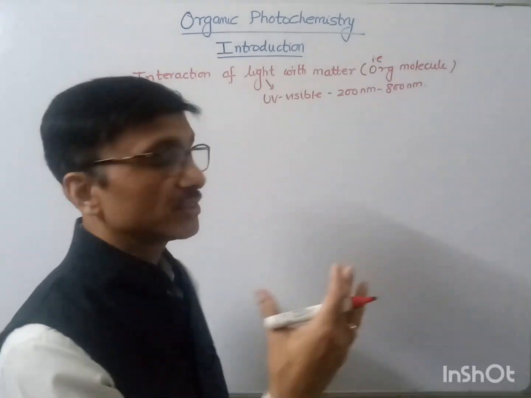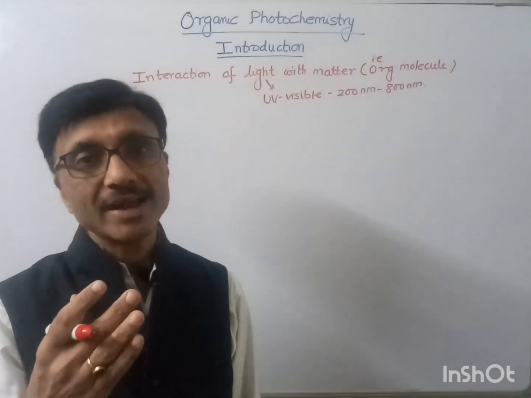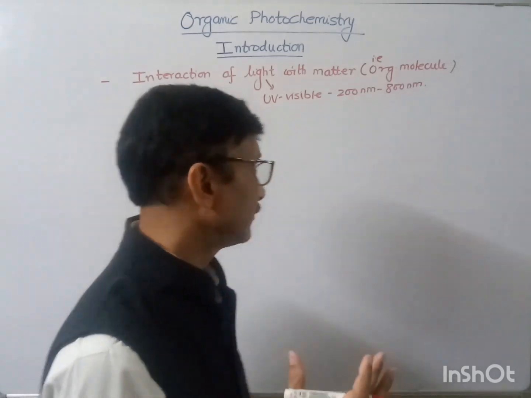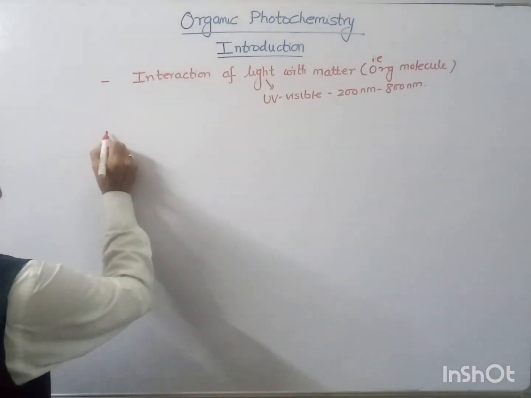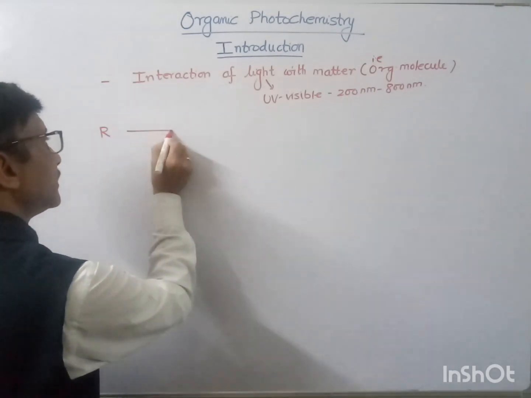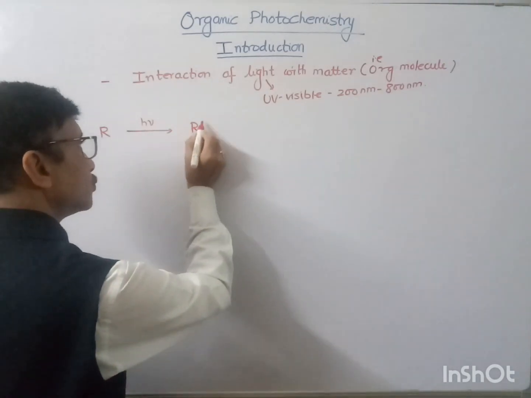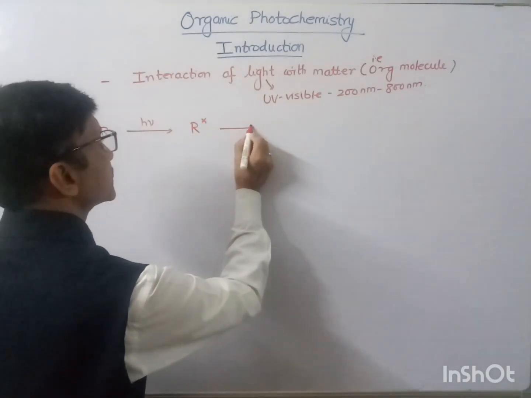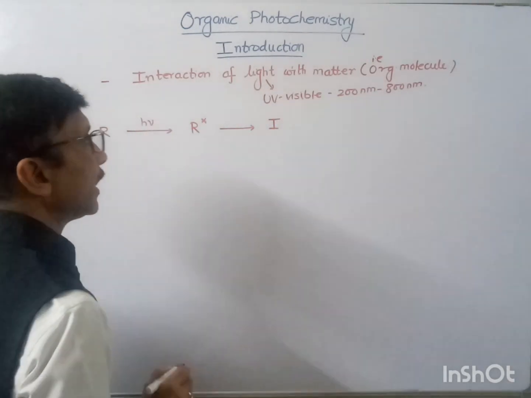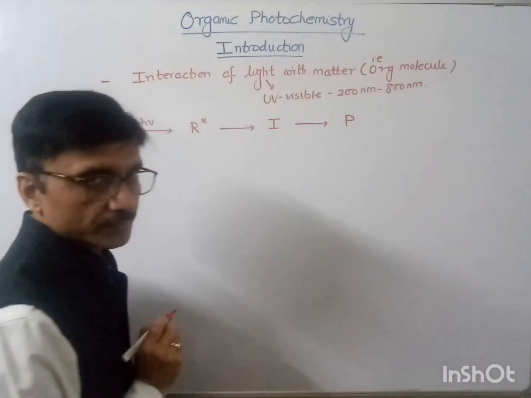Whereas in a thermal reaction, heat is used to excite or activate the molecule. Suppose we have a reactant molecule, and we irradiate it with light, then it will go to the excited state, and this excited state would be converted into some intermediate, and after the formation of the intermediate, we will get the product.